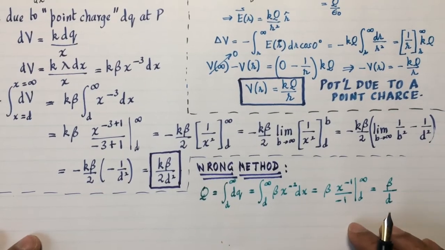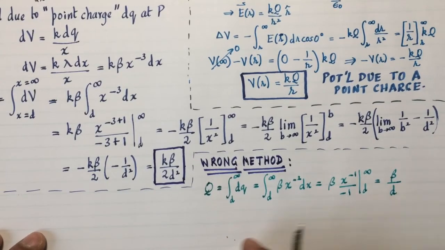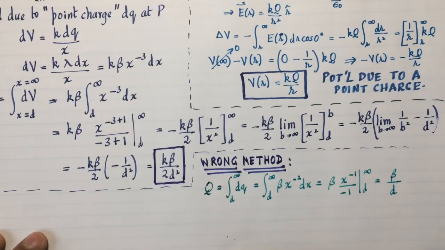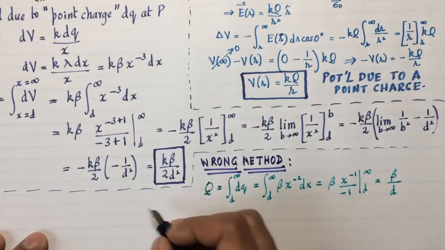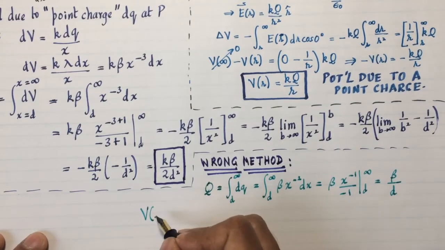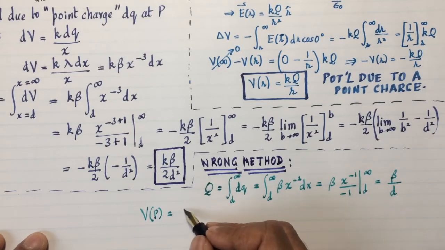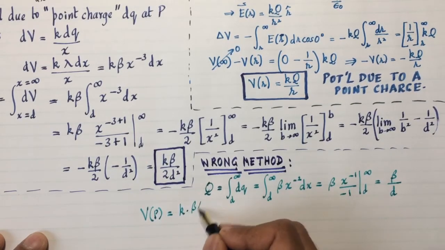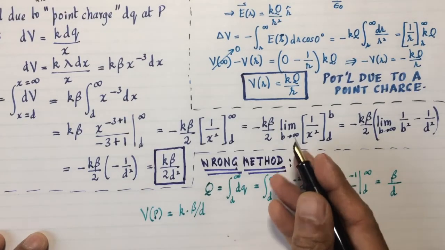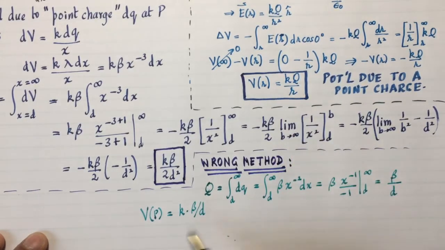Now the student thinks, well, I'm just going to put this there. V of r, so the V at the origin at point P, is going to be k times beta over d. Well, what to use for r? You probably end up using d.